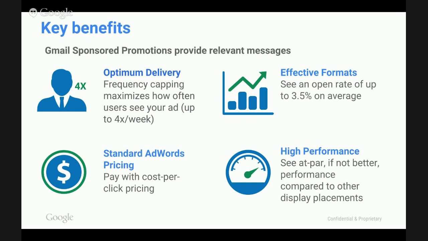Some of the agencies who have already used these Gmail sponsored promotions as part of the beta on a separate platform would know that these accounts had invoicing. Now this is going to be available for other advertisers that you're managing if you're an agency. So you can also just use the usual electronic payments. And also high performance, because we have already observed higher and better performance compared to other display placements.